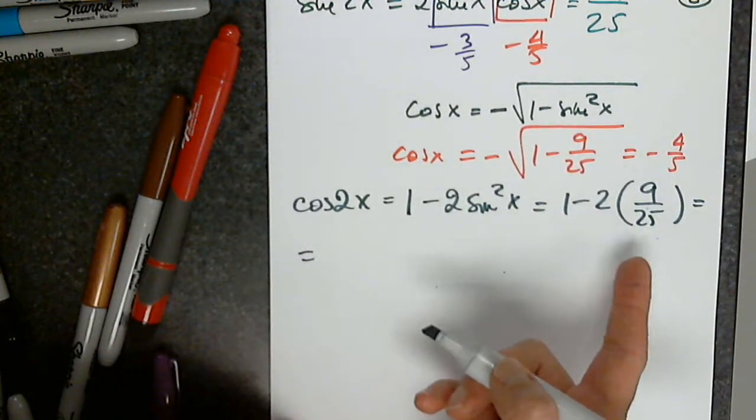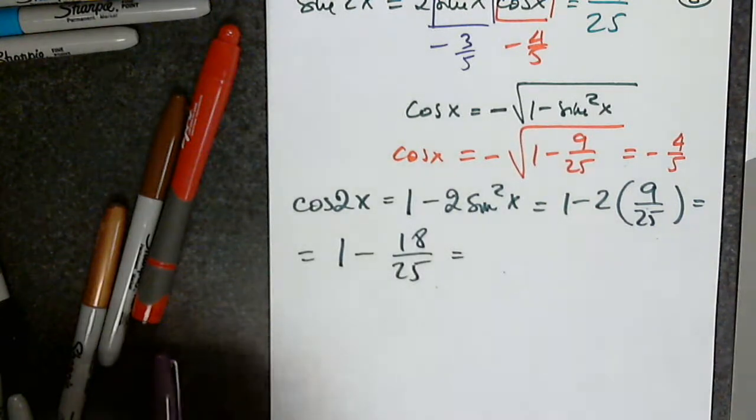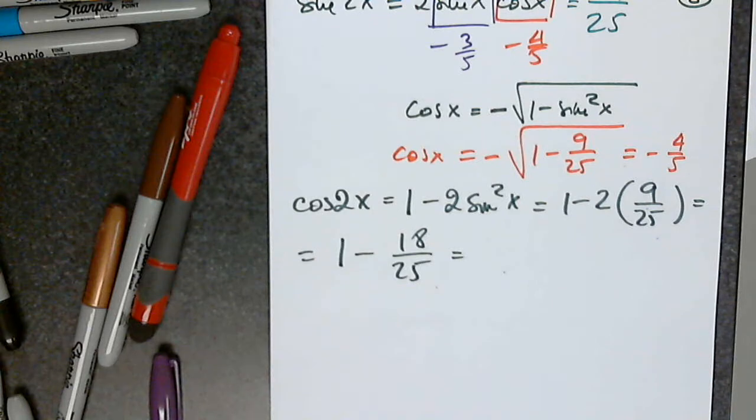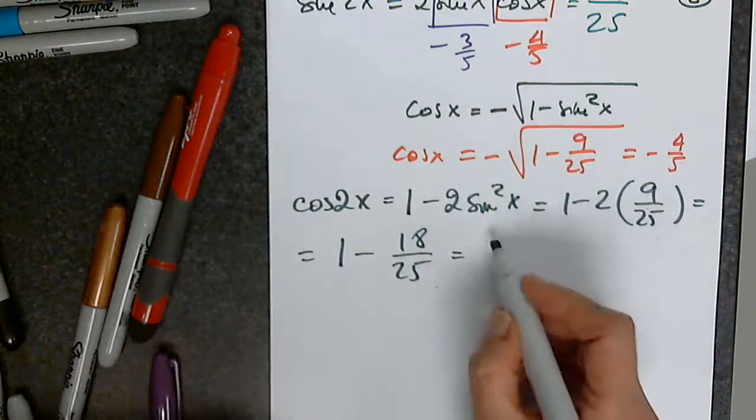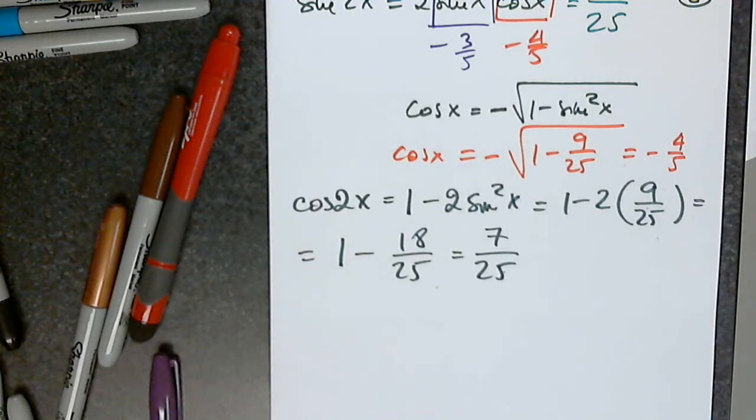I multiply by 2 over 1, so 1 minus 18 over 25. And then 25 minus 18 is 7. Do we agree so far?